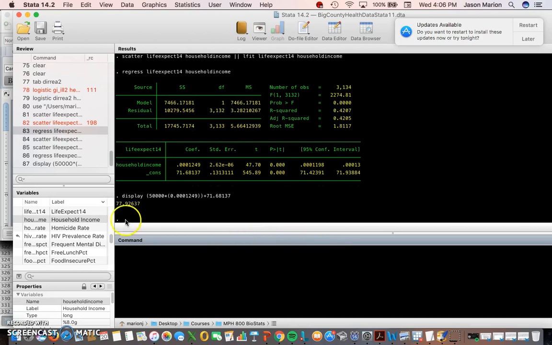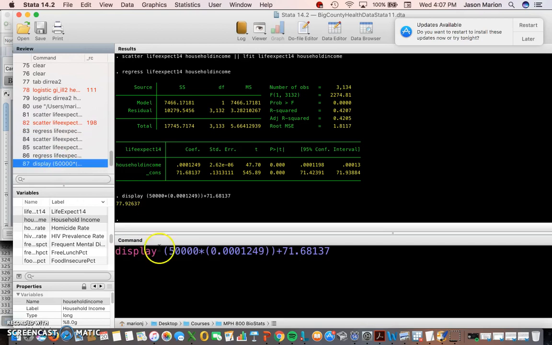So what do I get? A community whose median household income per year is $50,000 would have 77.93 years of life expectancy. That would be what their life expectancy would be.